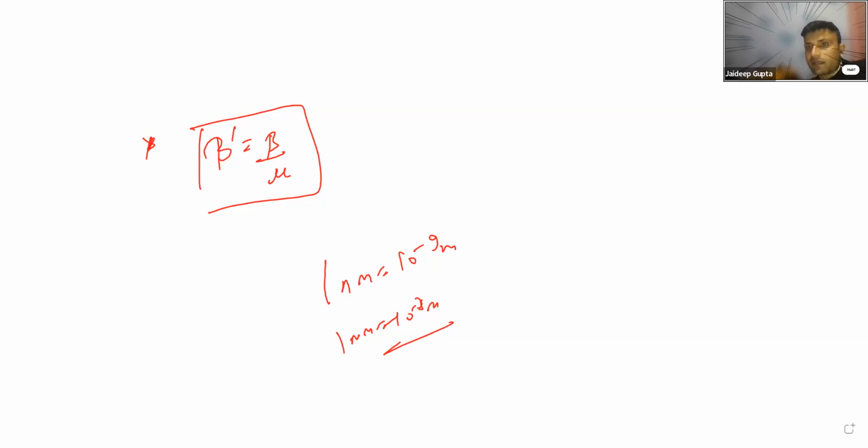Calculate the wavelength of the second light.